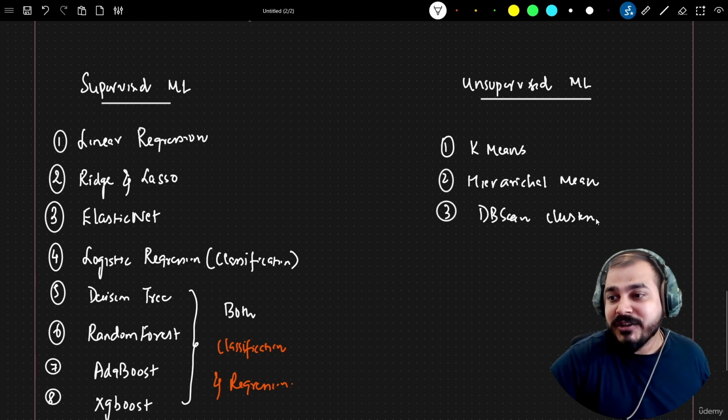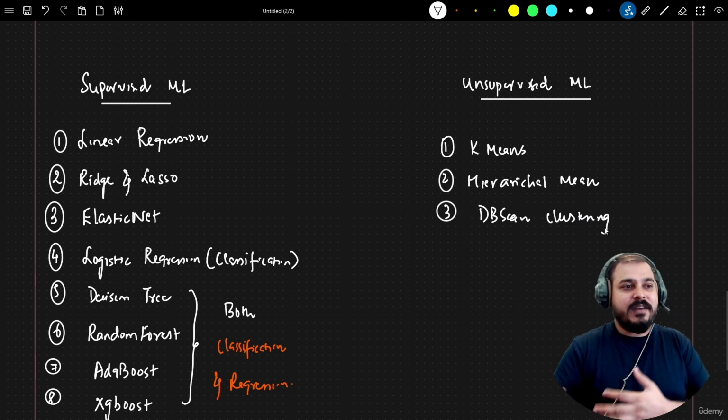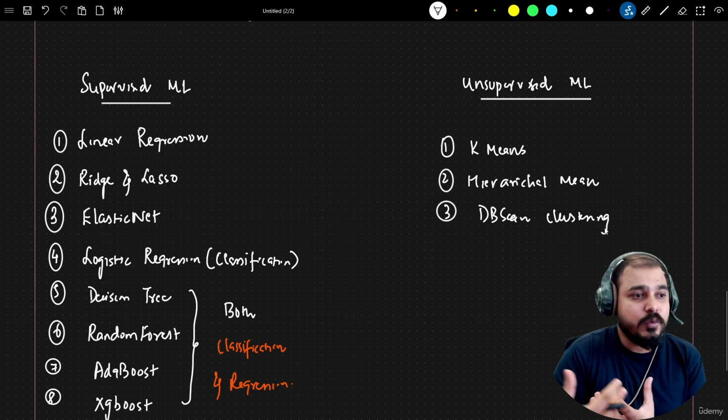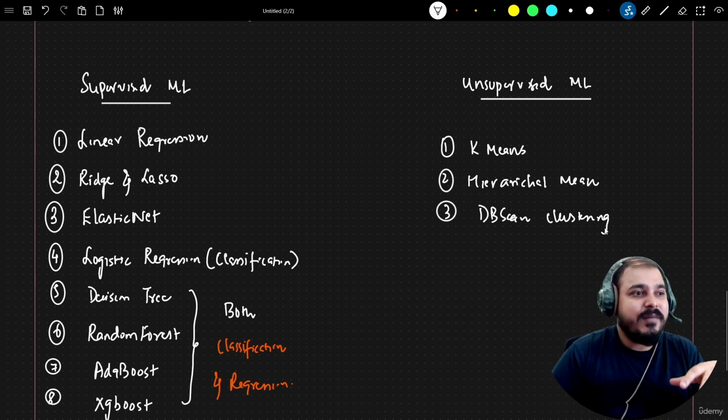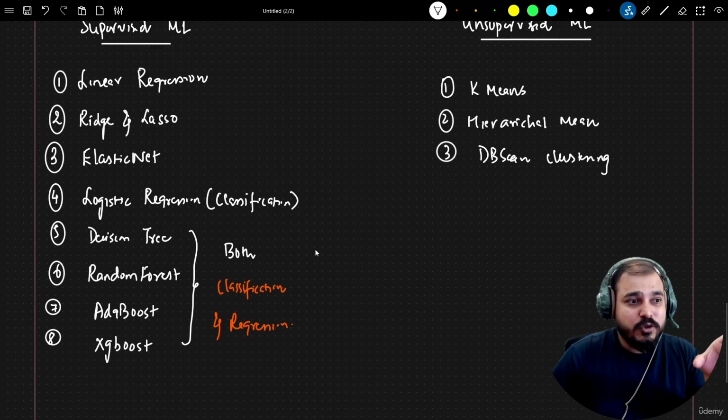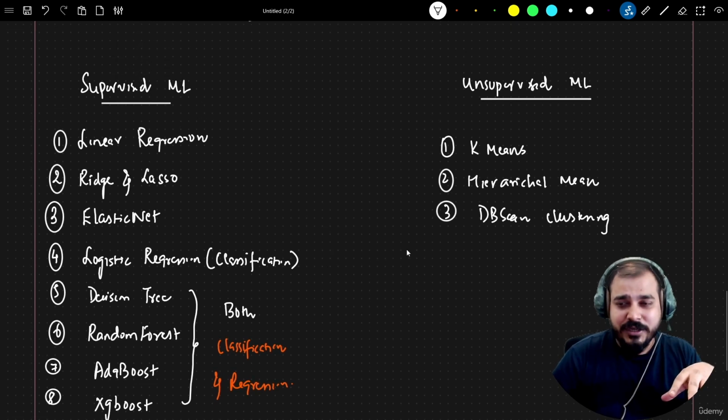So these are all clustering algorithms. Specifically, we'll be using unsupervised machine learning techniques so that we can create some amazing clusters and groups. So this is with respect to supervised and unsupervised machine learning.